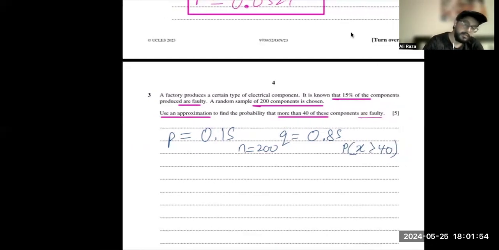So for approximation, we'll find the mean through NP and the variance through NPQ.